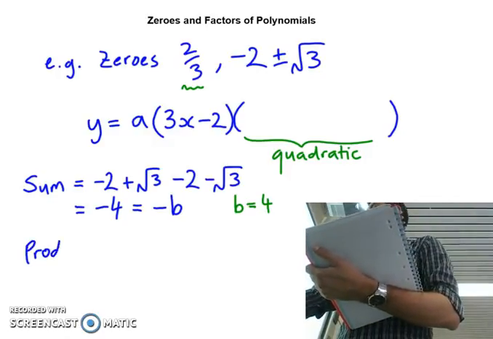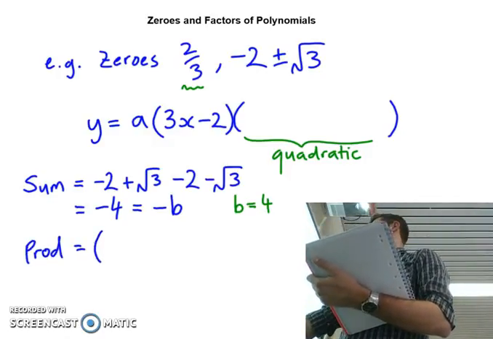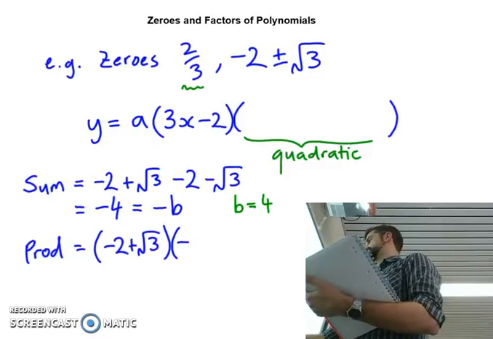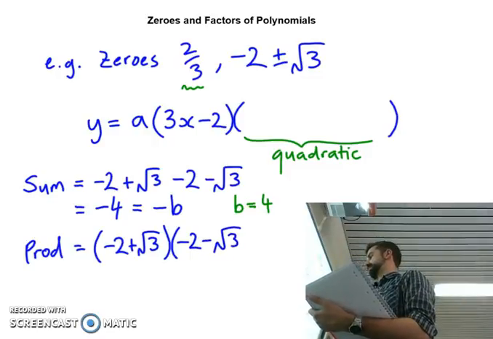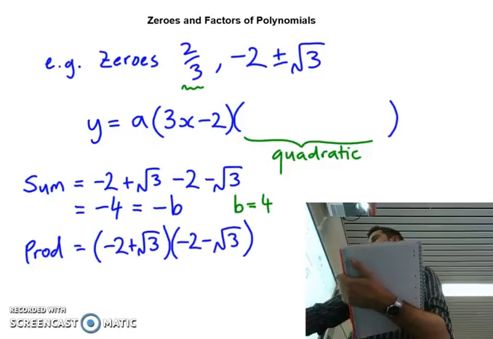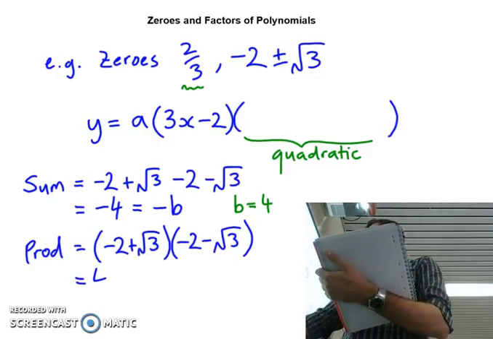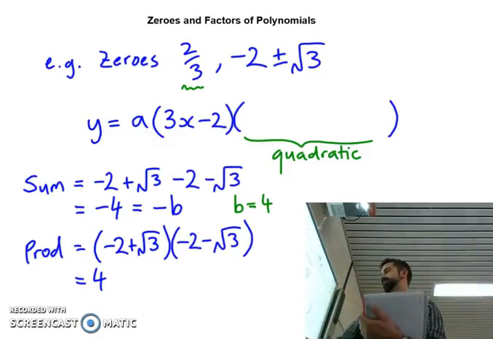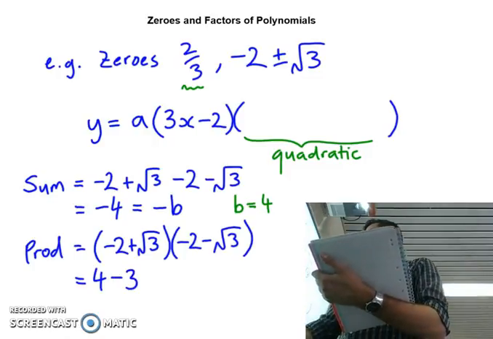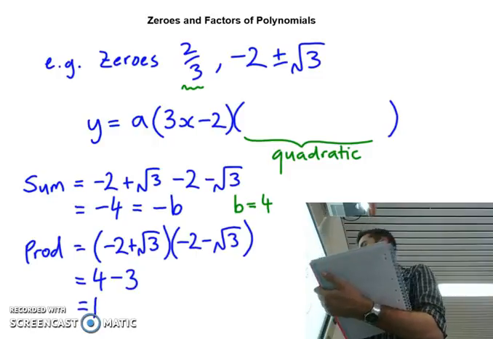If we go to the product of those 2 roots now, and we multiply those together, we get 4, negative 2 root 3, 2 root 3, take root 3 will give you 0, and then root 3 times negative root 3 will give you negative 3, which is 1.